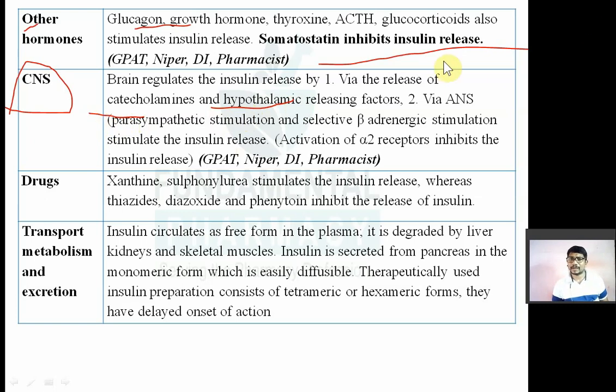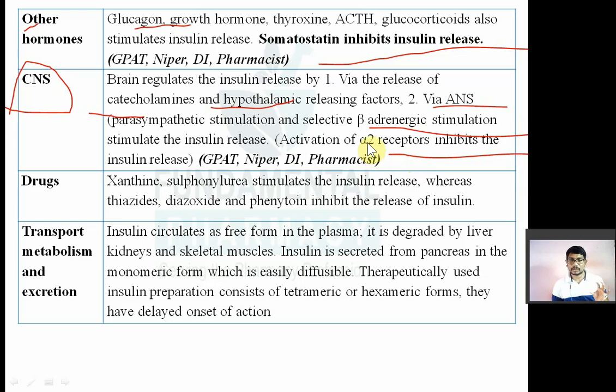And also via the ANS, the autonomic nervous system, like parasympathetic stimulation and selective beta stimulation. Particularly beta 2 adrenergic receptor stimulation causes the insulin release, but stimulation of the alpha 2 receptor will inhibit the insulin release.